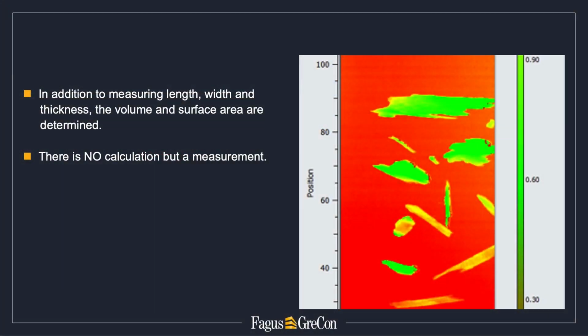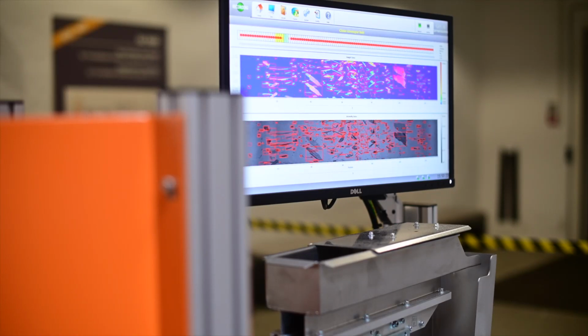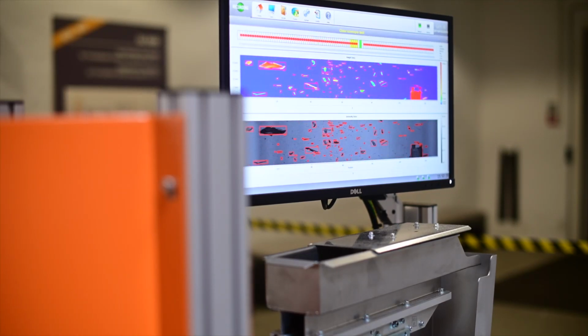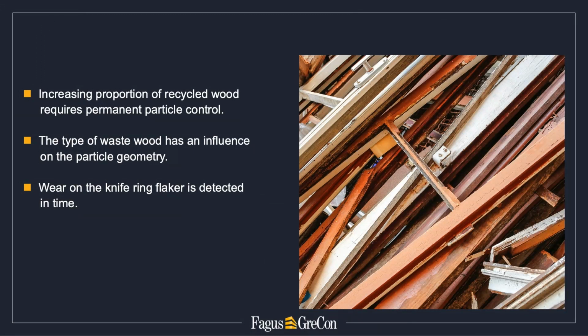In addition to measuring particle length, width and thickness, volume and surface are determined from the recorded 3-dimensional data. No assumptions are made. The data obtained is clearly visualized. Especially due to the increasing proportion of recycled wood, it is important to permanently determine the particle geometry.